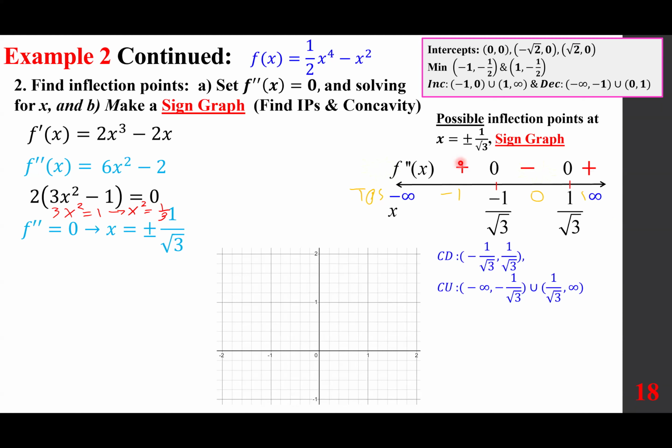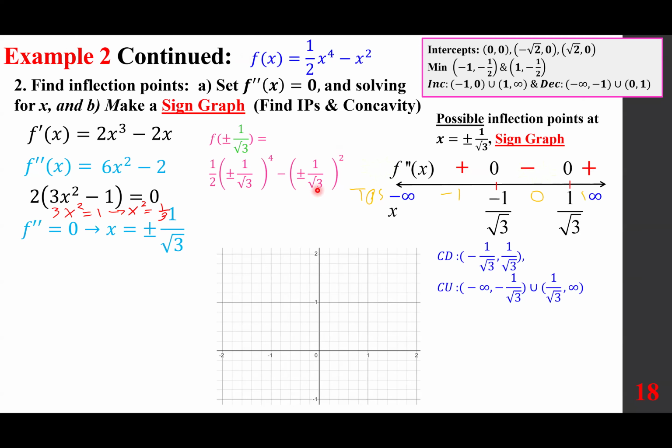Because of the change, positive goes to negative, negative goes to positive, both points represent inflection points. You need to find the y coordinate for each case. So you put them into the original function. Whether you put positive or negative makes no difference, because plus or minus to the power of 4 or 2 both become positive.